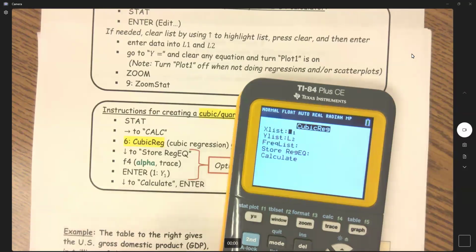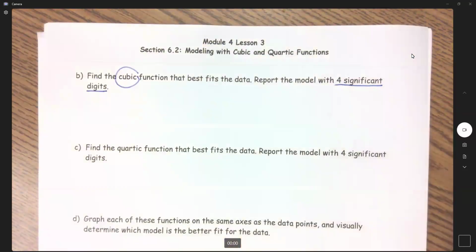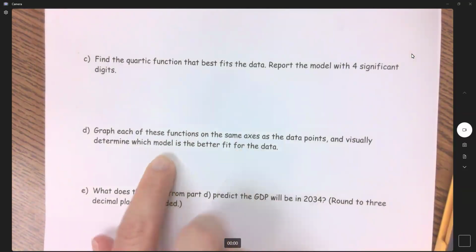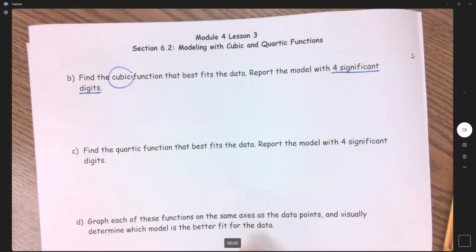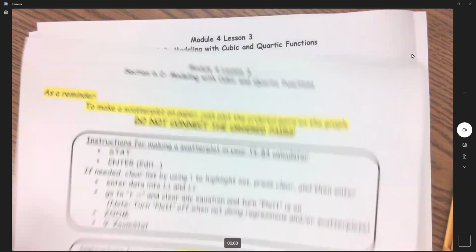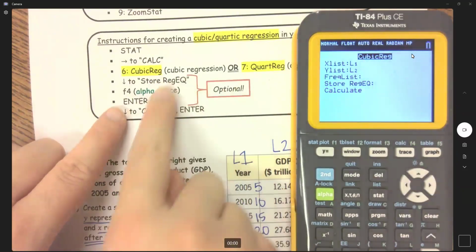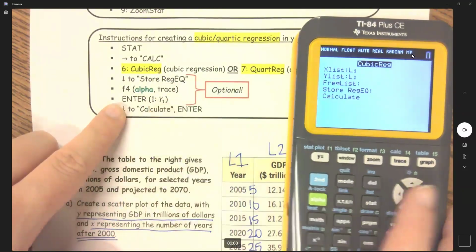Now, typically we have just gone through this and went straight to calculate, but because my instructions later on want me to graph these functions on the same axis, I'm going to go ahead and store these into my graphing feature. So I'm going to use these optional steps here.